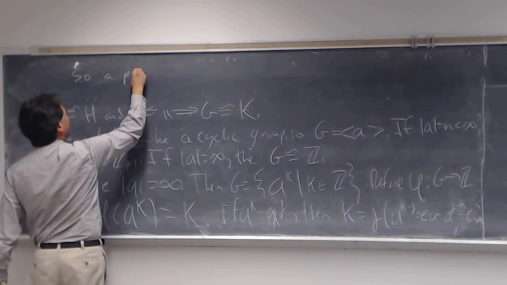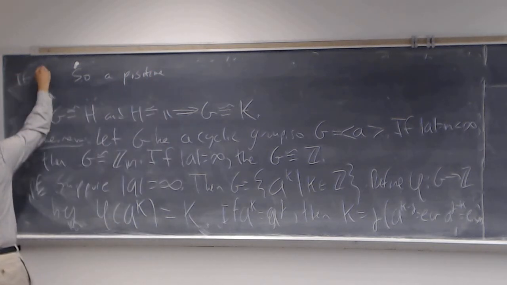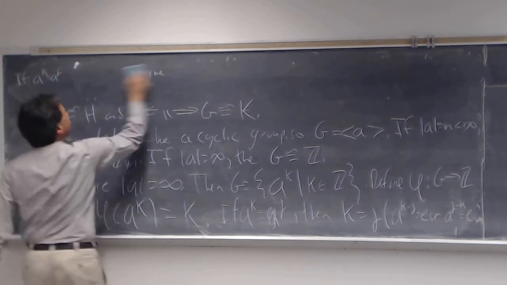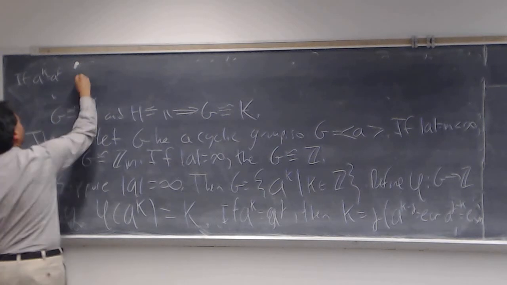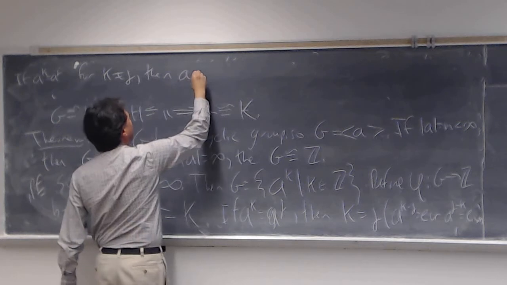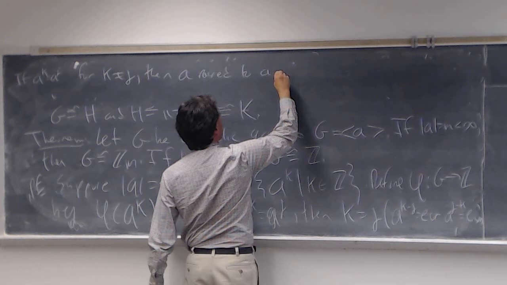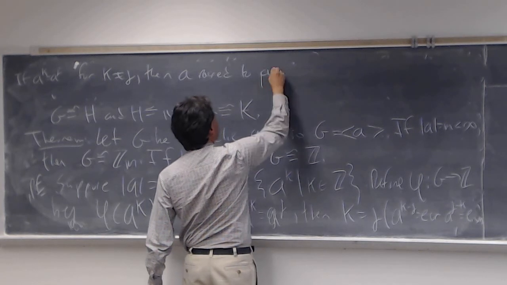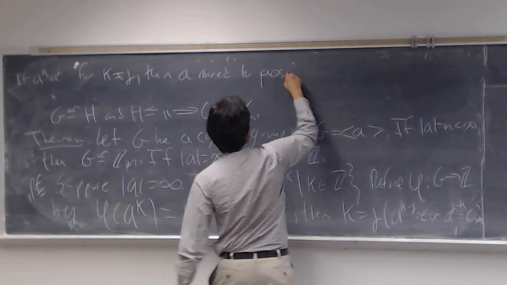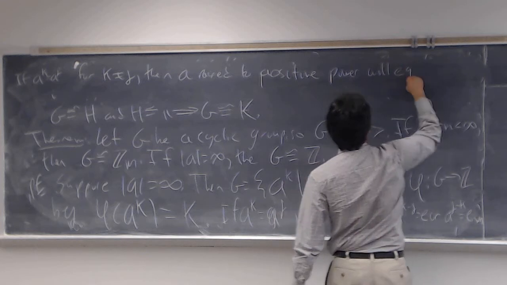So if A to the K equals A to the J for K not equal to J, then A raised to a positive power would equal the identity.